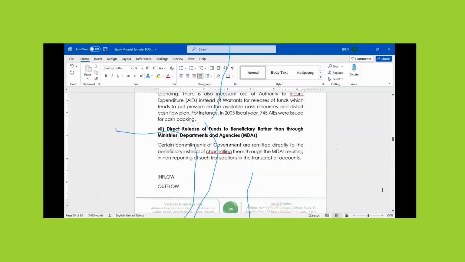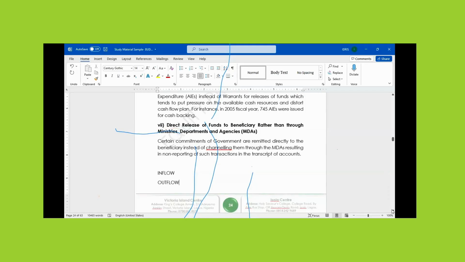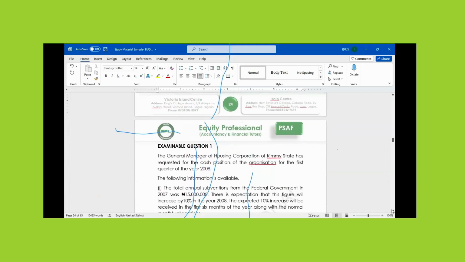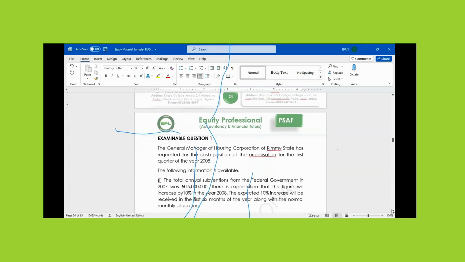So let's look at a question. Somebody should help us read question 1 under the cash budget. The General Manager of Housing Corporation of Rimi State has requested for the cash position of the organization for the first quarter of the year 2008. The following information is available.